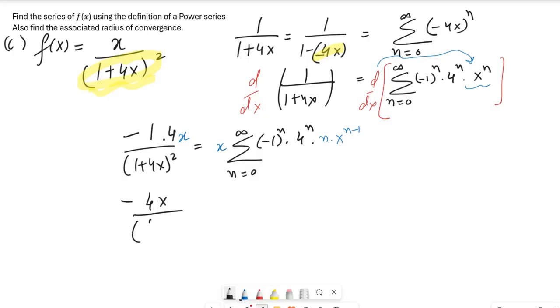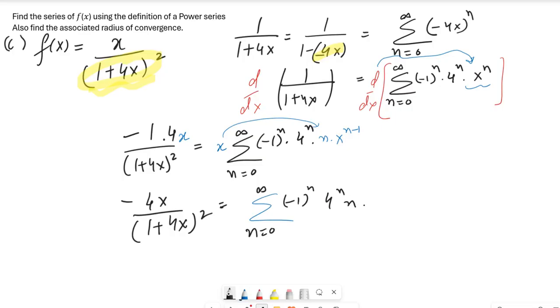Negative 4x by (1 plus 4x) whole square is equal to, this x will multiply inside, and from 0 to infinity, negative 1 power n, 4 power n times n. But when this x multiplies with x to the power n minus 1, it will automatically become x to the power n, because x is to the power 1 and the powers n minus 1 add. This will become n.